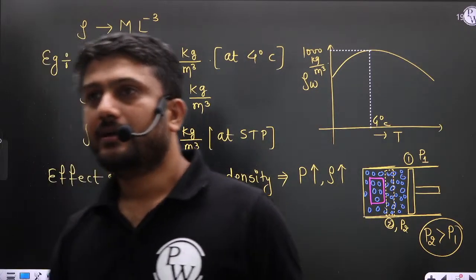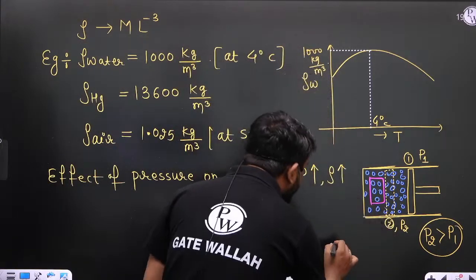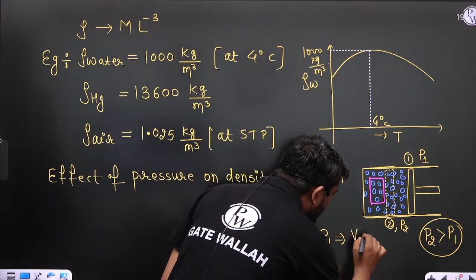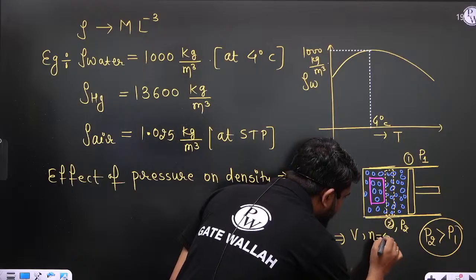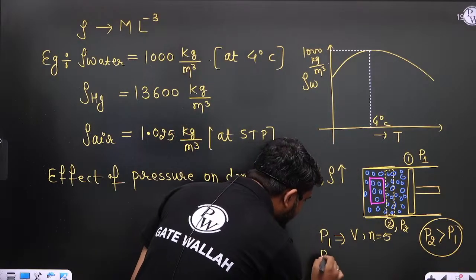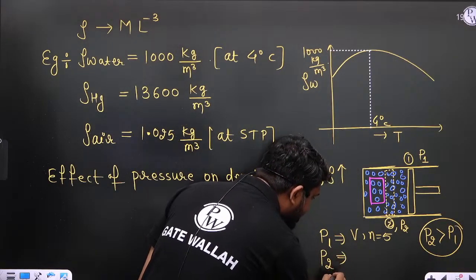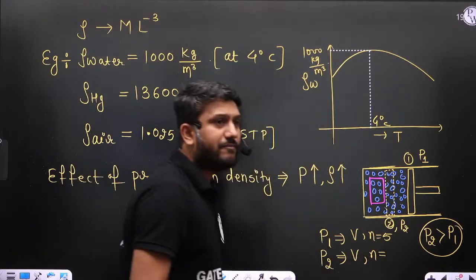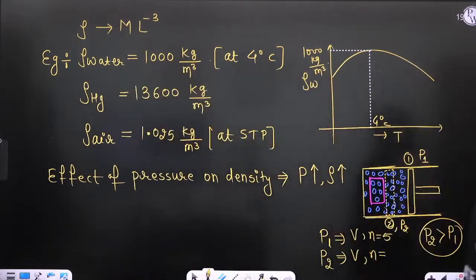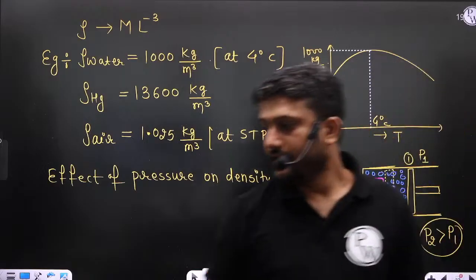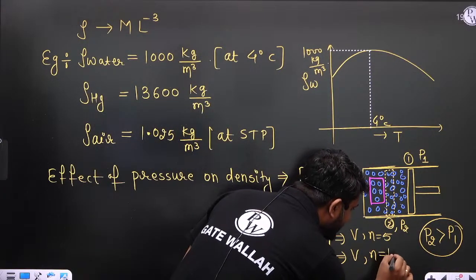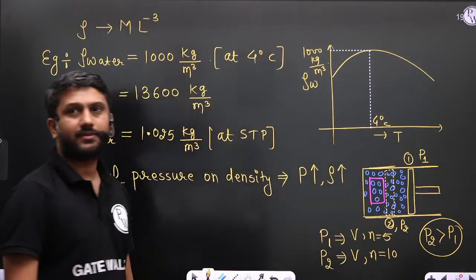Getting my point? So when the pressure is P1, in a given volume, let us consider the number of molecules is 5. When you increase the pressure, let us consider the pressure is P2. In the same volume, the number of fluid particles increases, so let us consider the number of fluid particles is 10.